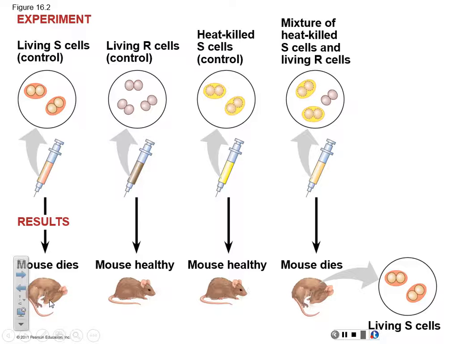So what Griffith takes away from this is he coins this word transformation, and for the first time he suggests that maybe the thing that's carrying information from one generation to the next, and from the dead smooth bacteria to the live rough bacteria, maybe it's DNA.